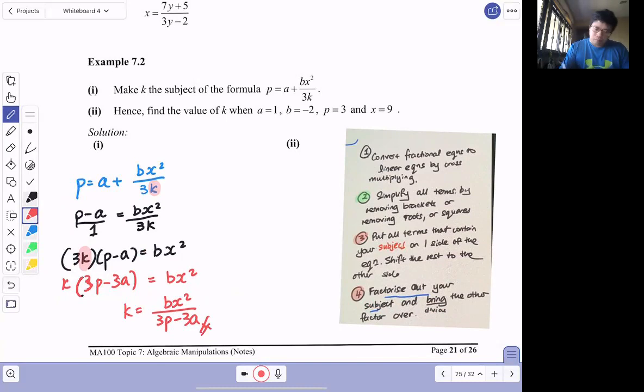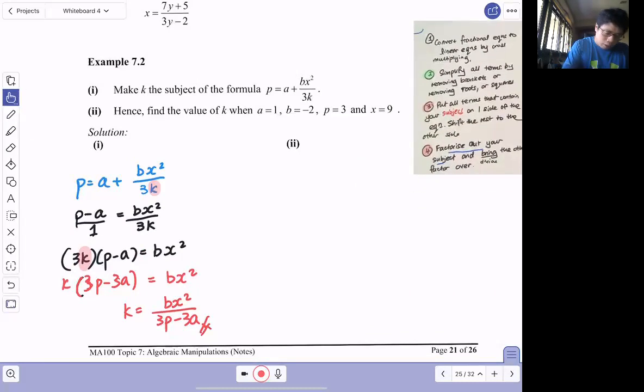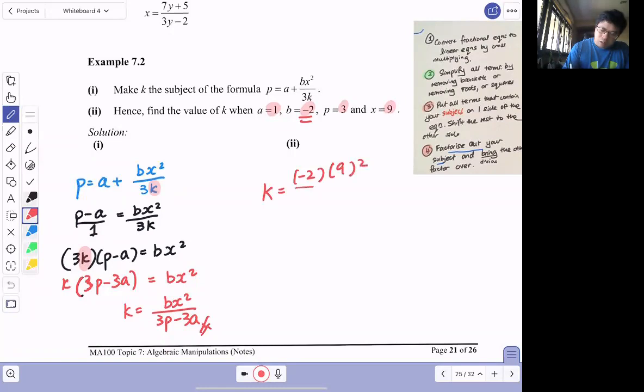Hence, find the value of k when a equals 1, b equals -2, p equals 3, x equals 10. Quite easy, I just apply all this into here. K equals b times x squared over 3p minus 3a.